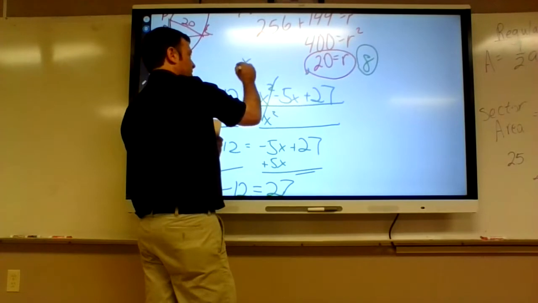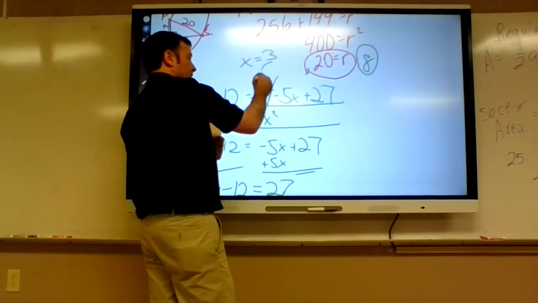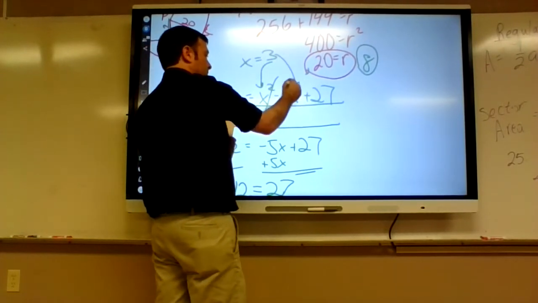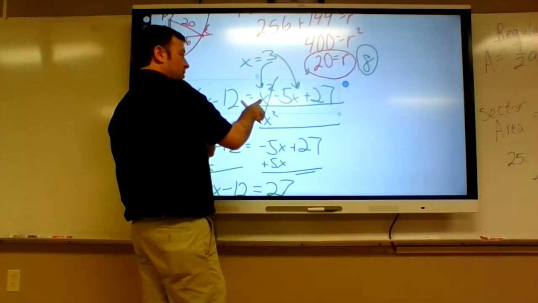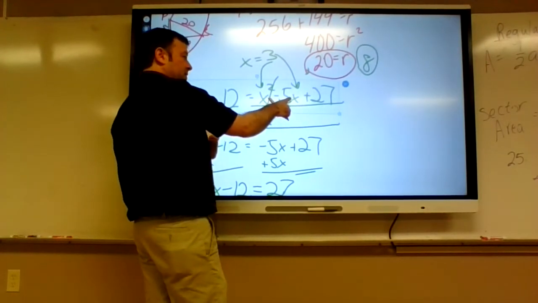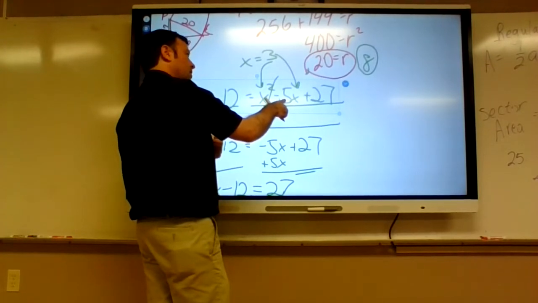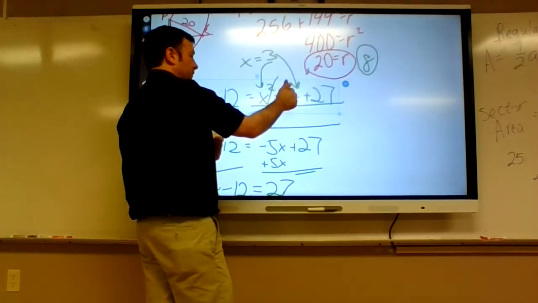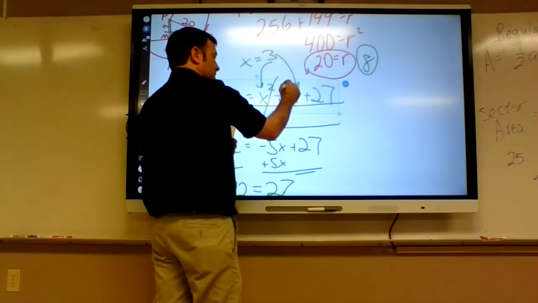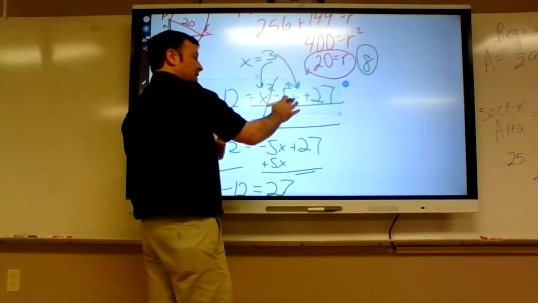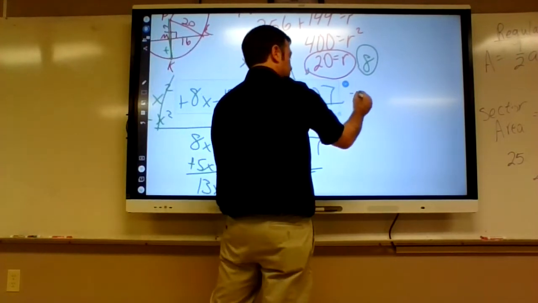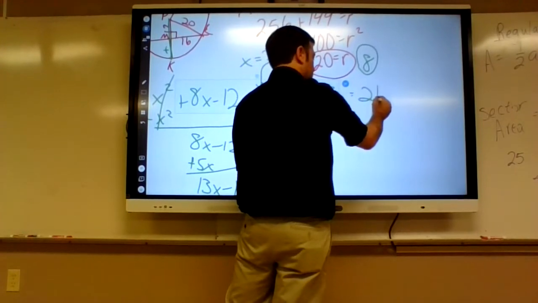So if I know x is 3, I can plug in 3 here. 3 squared is 9. 5 times 3 is 15. 9 minus 15 is negative 6, plus 27 is 21.